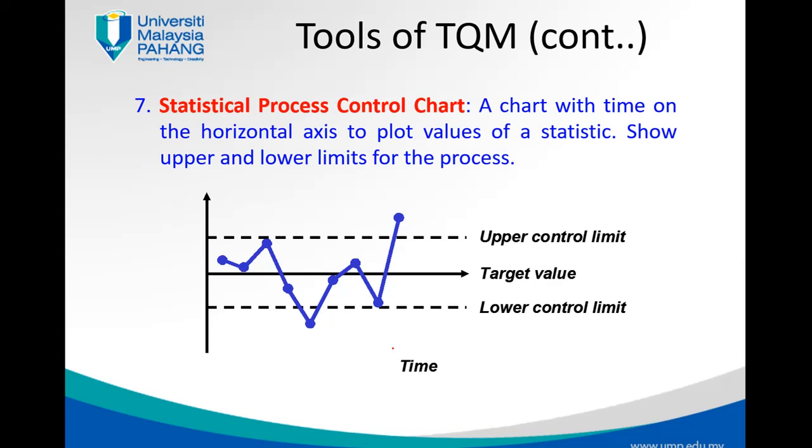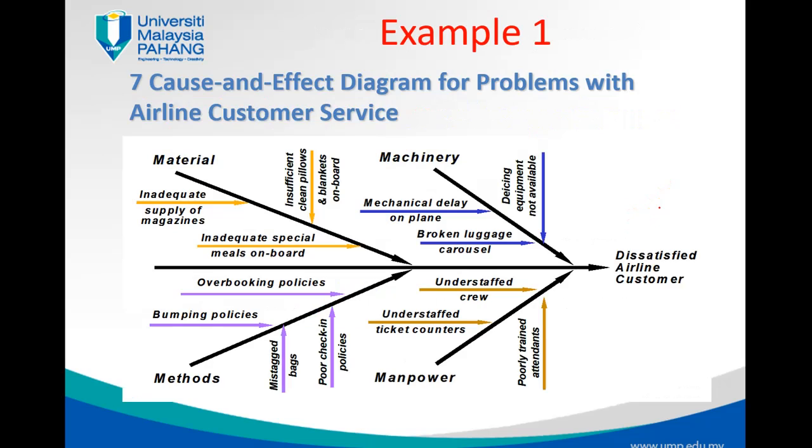A statistical process control chart has time on the horizontal axis, to plot the value of a statistic and shows the upper and lower limit of the process. Basically, we will learn in this course how to construct the control chart later on.